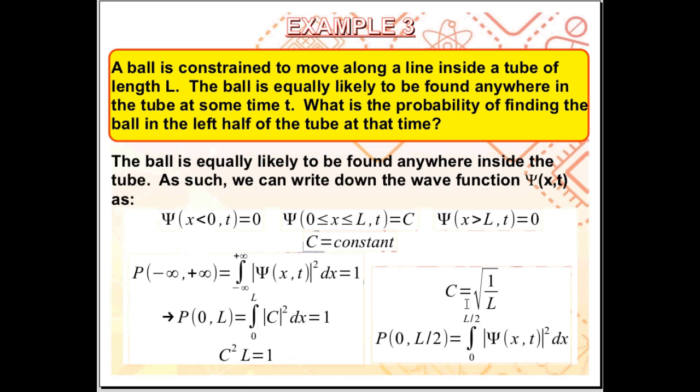Meaning c is just equal to the square root of 1 over L. Now that we know the value for the constant c, let's take a look at the probability of finding the ball in the left half of the tube. So from 0 to L over 2, the left half of the tube. Again, the probability equation: probability density times dx, integral from 0 to L over 2.